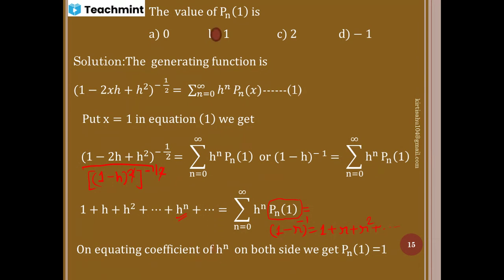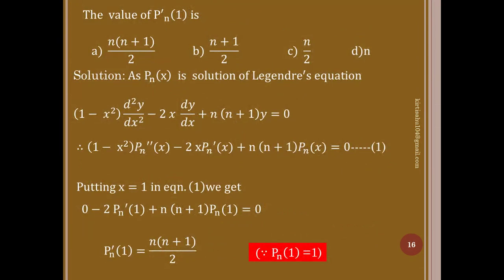Okay, now the next one, the value of Pn dash of 1 is required. As we know, Pn of x is a Legendre polynomial, which is a solution of the Legendre equation. So what is the Legendre equation? This one is the Legendre equation.